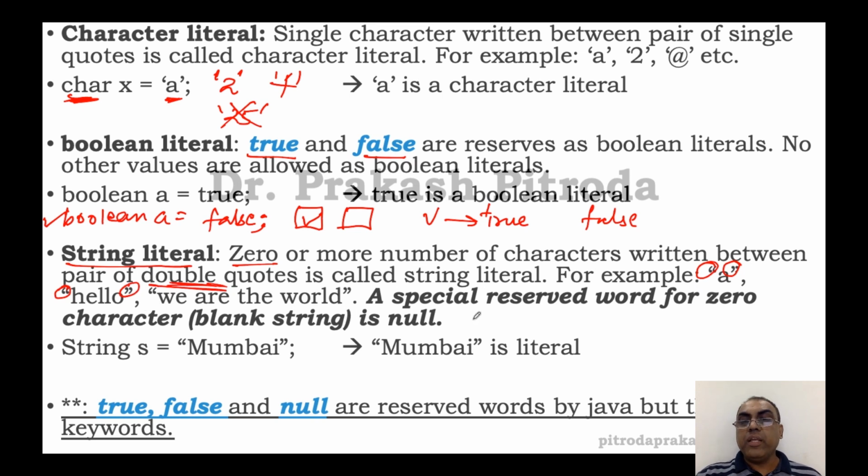Even null can be written, so I can say string s is equal to blank like this with nothing, or I can also say string s is equal to null like this. Null is the only word that you can write without quotes, which means blank, nothing. Very important: true, false and null.